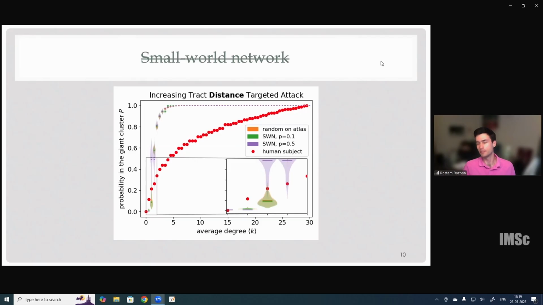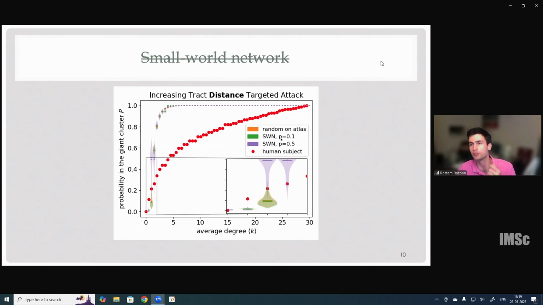This is kind of the network foundational model that's been dominating network neuroscience ever since the field started, probably in the 90s. And here, I again show the human subject data in red, so same data. But then I'm now showing the small world network, acronym SWN, with a couple different parameters.